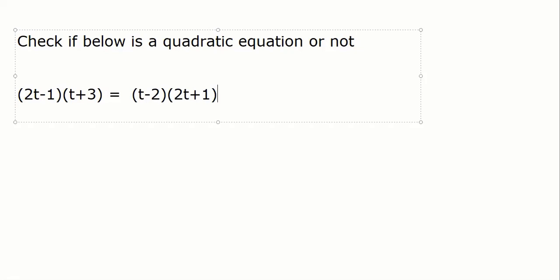Everybody verify this is quadratic or not and explain me why, whatever it is. Tell me the given equation is a quadratic equation or not, and why.